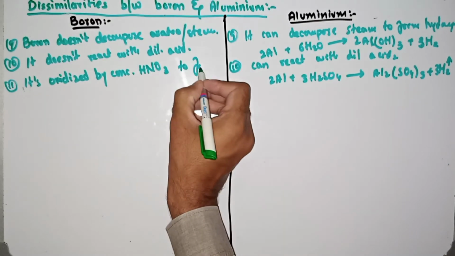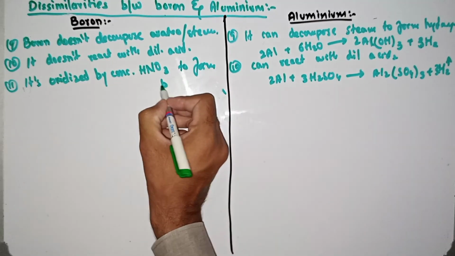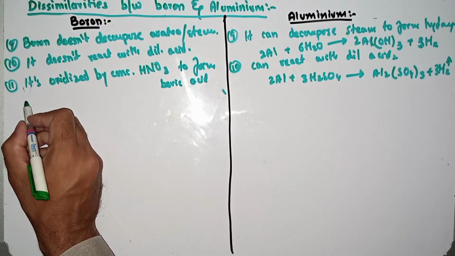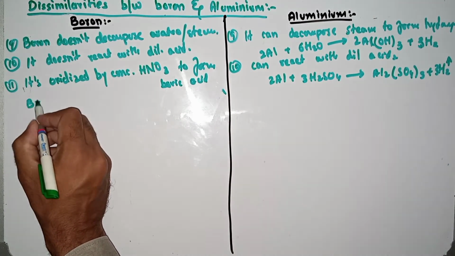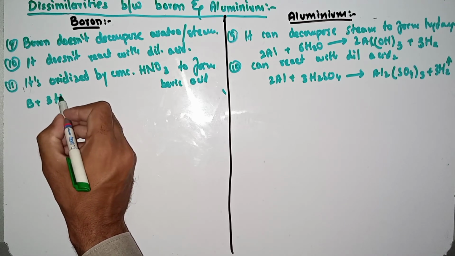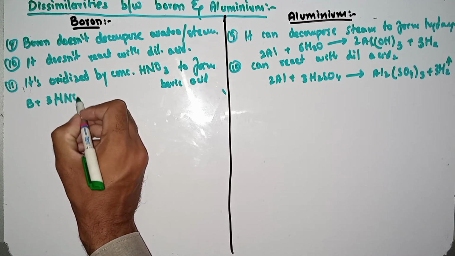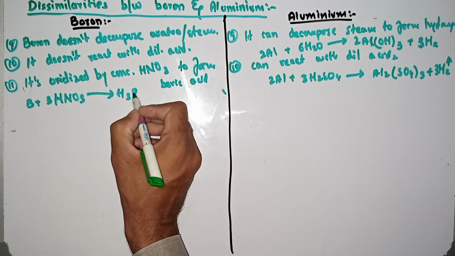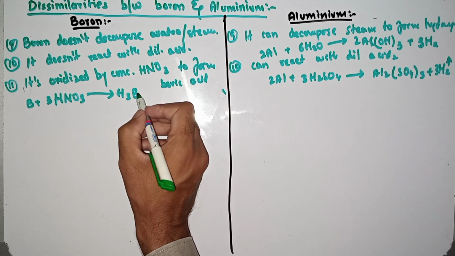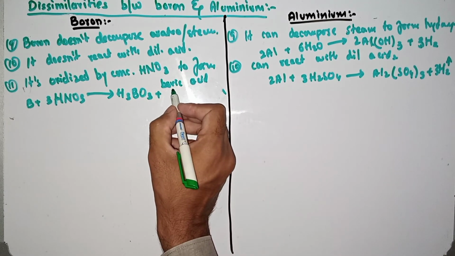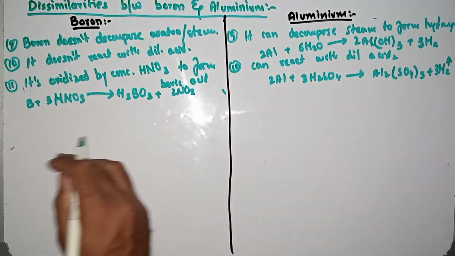When boron reacts with 3 molecules of HNO3, it produces boric acid, H3BO3, plus 2NO2, that is nitrogen dioxide.